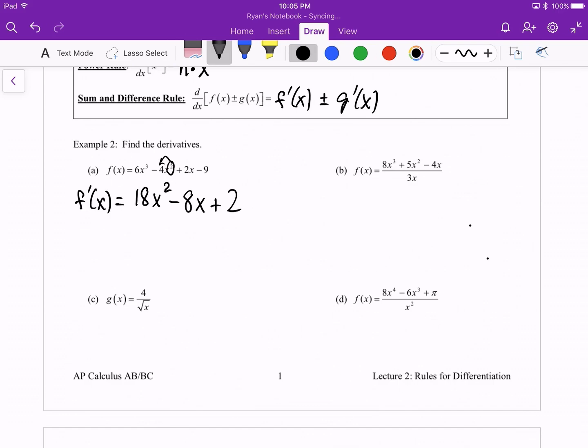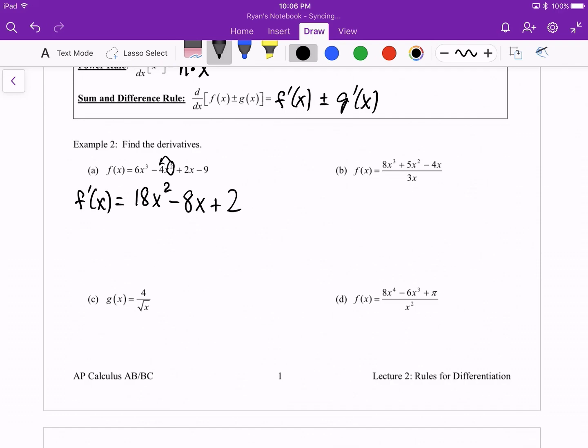Okay, in part B, this is a rational function, and so before I can use the power rule, I'm going to split through the numerator so that I can actually utilize the power rule. Now I know that you guys know the quotient rule, and we are going to talk about the quotient rule a little bit later on in these notes, but the quotient rule doesn't always have to be used.